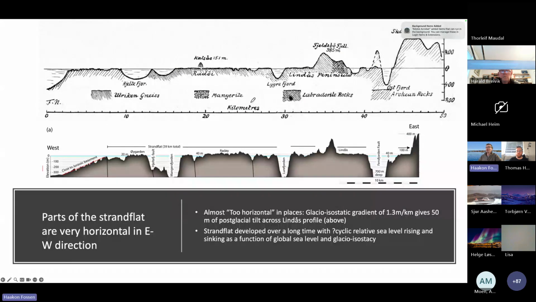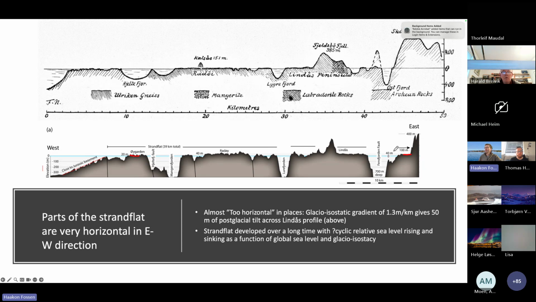And Nansen showed this also very, very well, that it's actually fairly horizontal in some parts of strandflat. It's very little, like 20 meters above sea level here in Garden to 40 meters above sea level far in here, several tens of kilometers to the east.